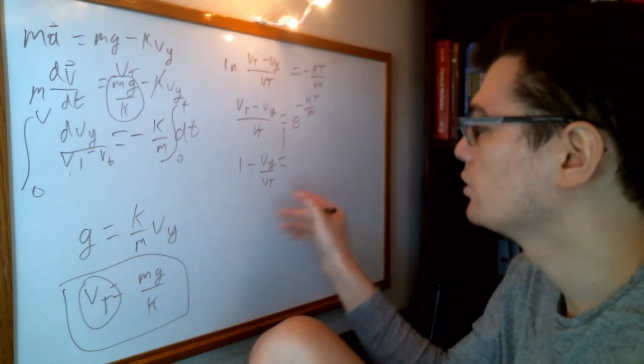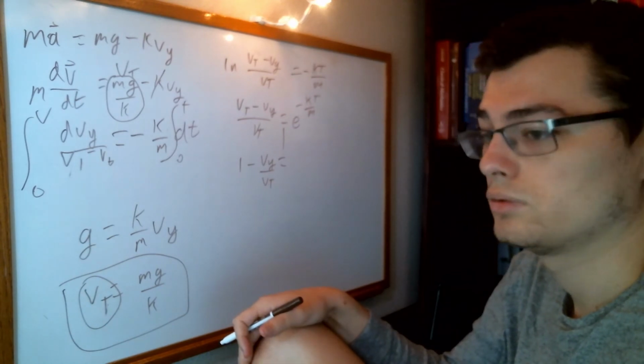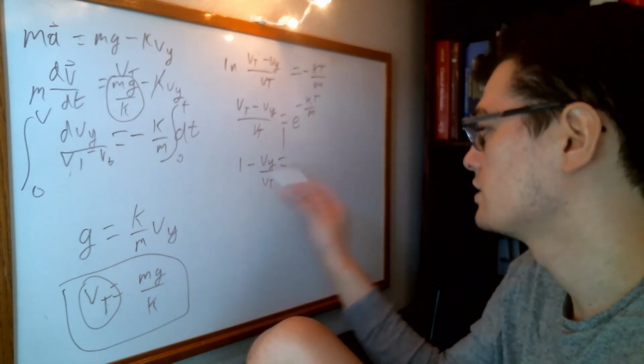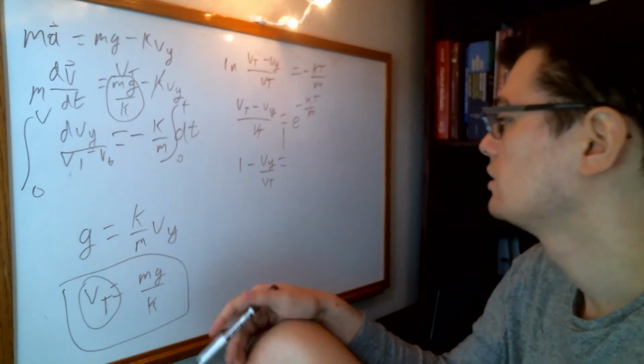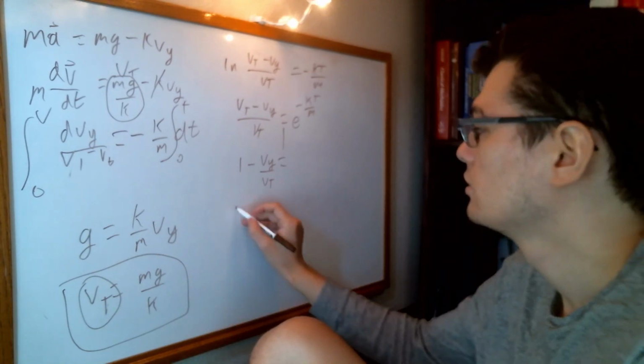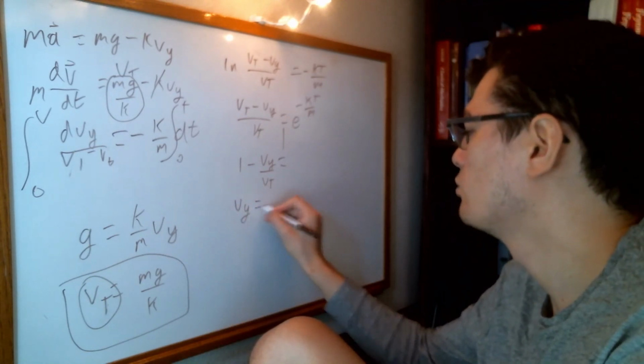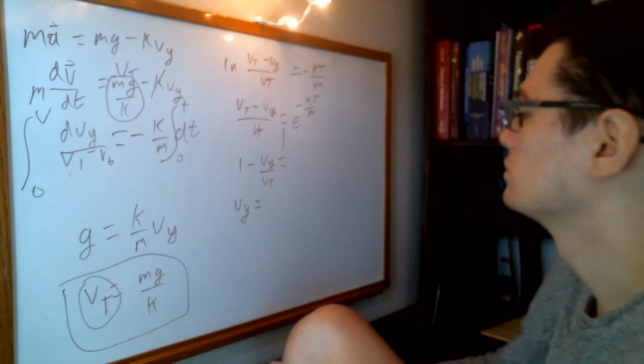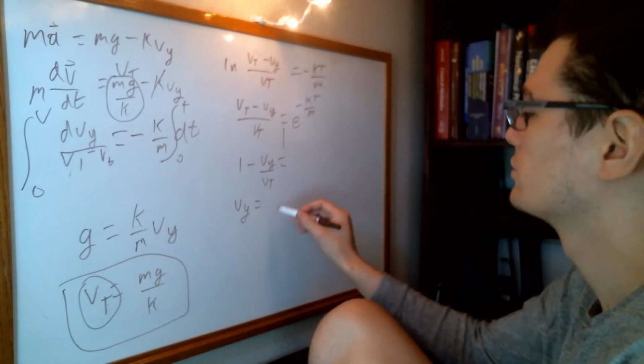And then we can subtract 1 from each side and take the negative of each side, so that we get vy alone. So I'll start performing these steps here.